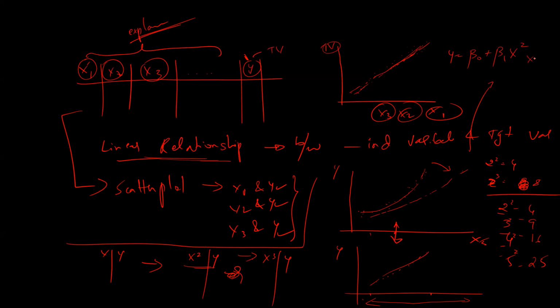Or if you replace x square with p, you can put it as y equal to beta 0 plus beta 1 into p. Are you guys with me? Yes, sir. Now, this is a very clever tip. We are able to convert a non-linear relationship into a linear relationship. Okay, is it clear?